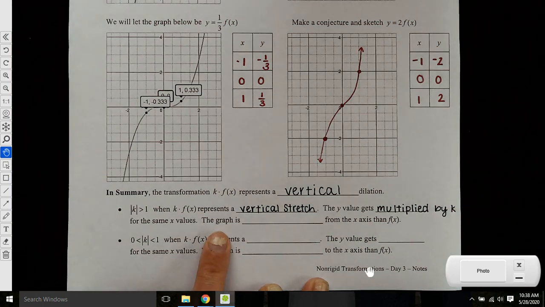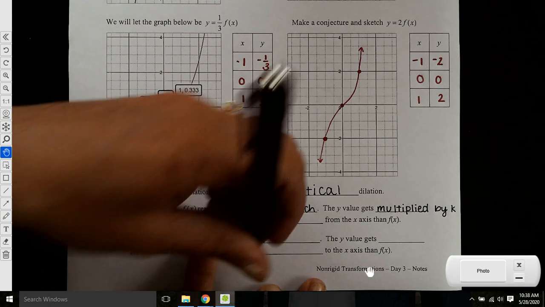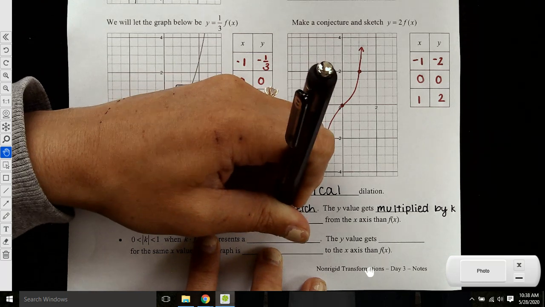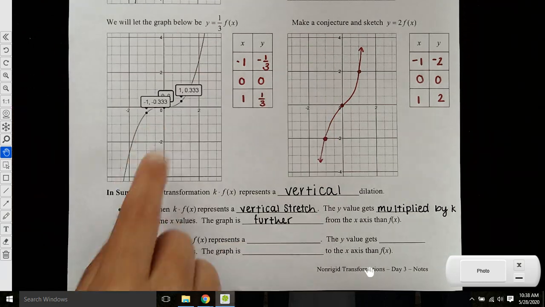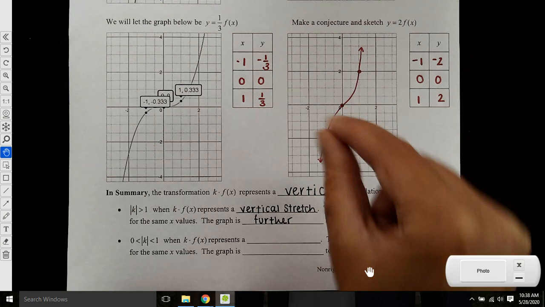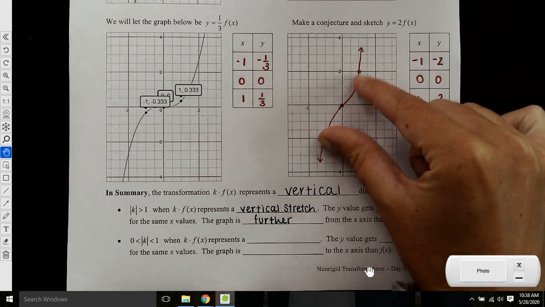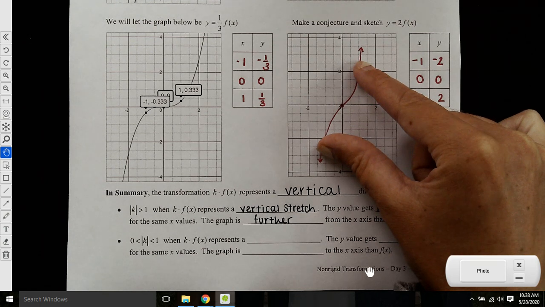This is a little tricky, but the graph is further from the x-axis than f of x. What that means is, yes, this value stayed the same, but these values went from 1, 1 and negative 1, 1, and they moved out further.